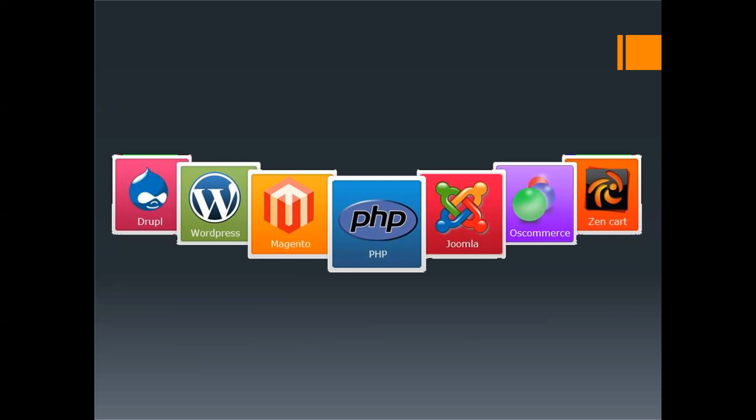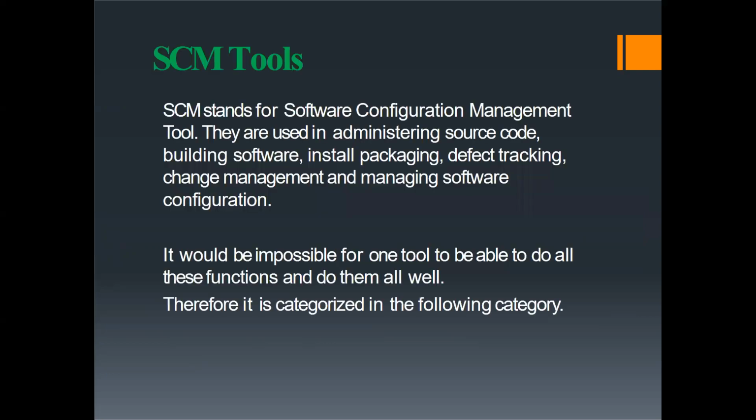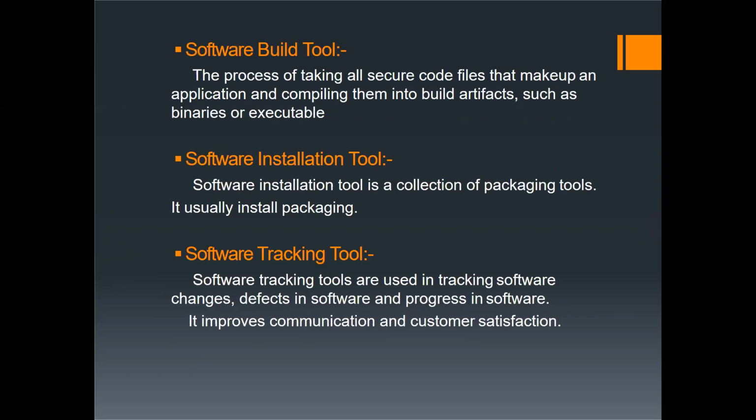Okay, so there are certain software configuration management tools as well. We can call them SCM tools. Now, these tools are used for different purposes. Say, for example, there are certain software build tools, there are certain installation tools, and there are certain software tracking tools.